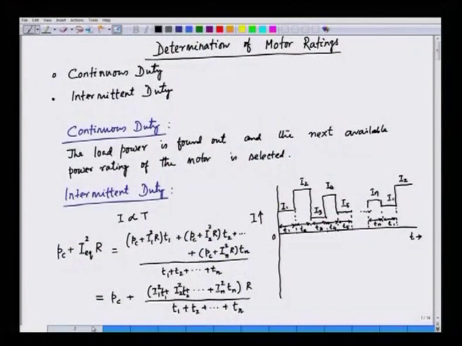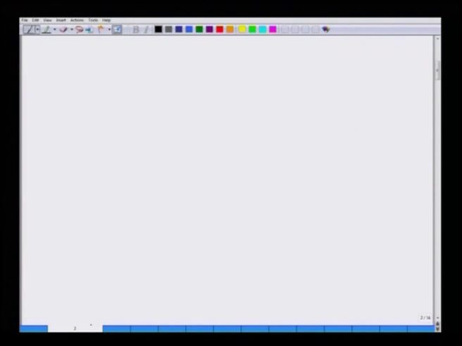Let us see what expression we will get in this case. For sure we can cancel the left side and the right side, and what remains is the following: I equivalent square into R is equal to I1 square T1 plus I2 square T2 plus In square into Tn, divided by T1 plus T2 plus Tn, into R. R is the resistance of the machine or the motor.